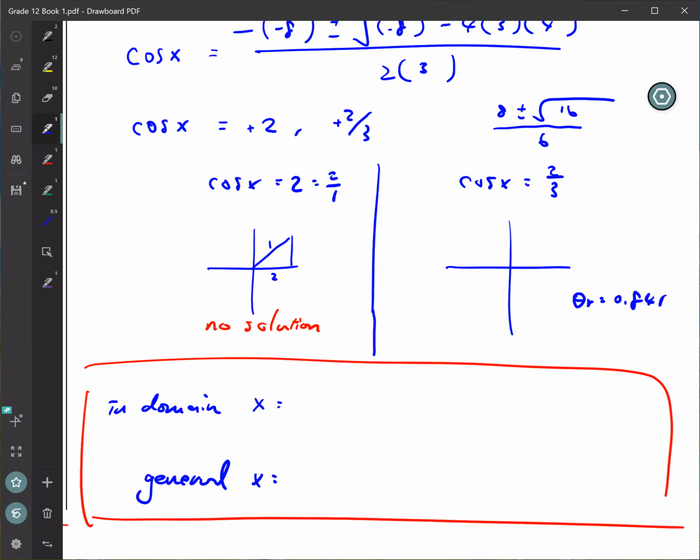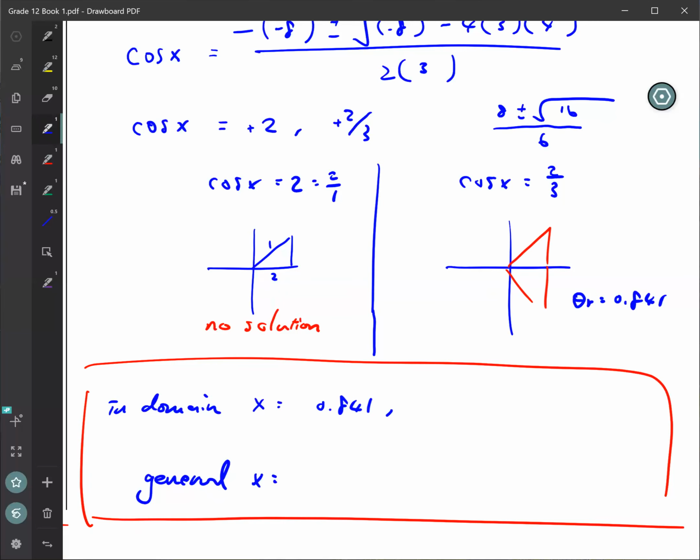And then the quadrant. Okay, which quadrant is it? Tiana? 1, 4. Okay. So we just get 2 answers then, right? 0.841. And how do we get the second answer?